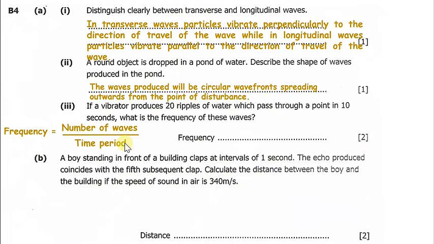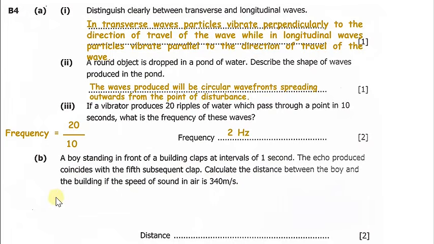We are told the vibrator produces 20 ripples of water, that will be the number of waves. Then the time will be 10 seconds. So we'll just substitute there: 20 divided by 10, which will be 2. So the frequency is 2 Hz.